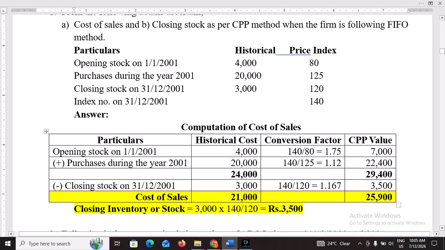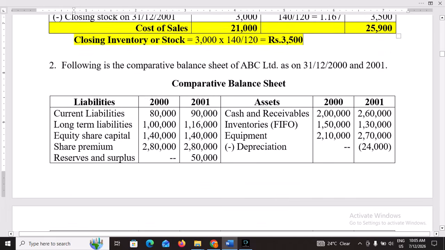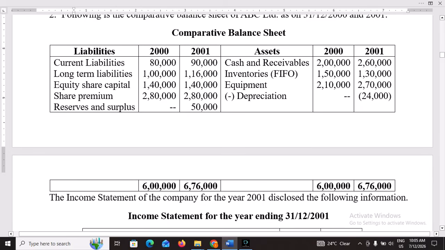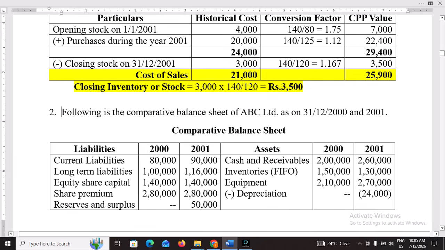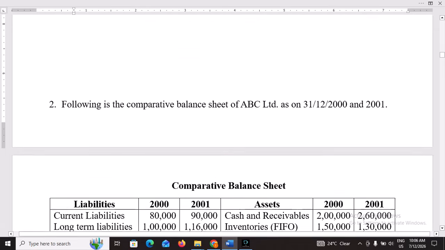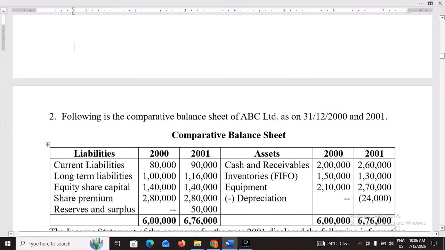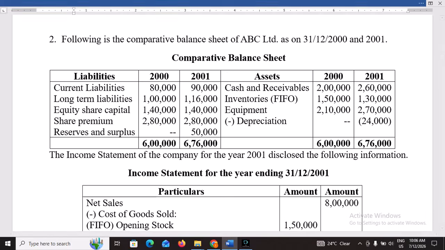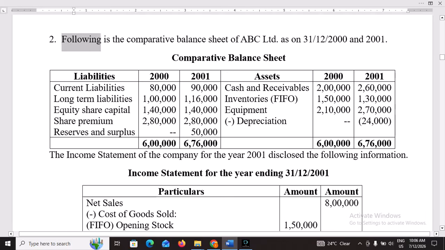Okay. So after this, it is better to go to the next page. The question is: following is the comparative balance sheet of ABC Limited as on 31/12/2000 and 2001.